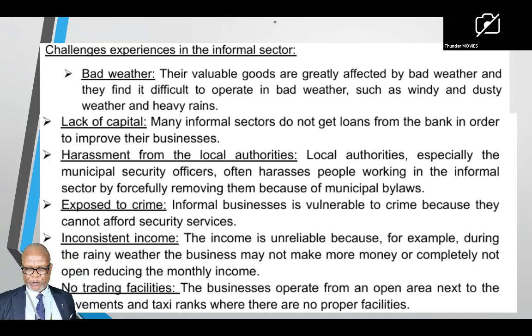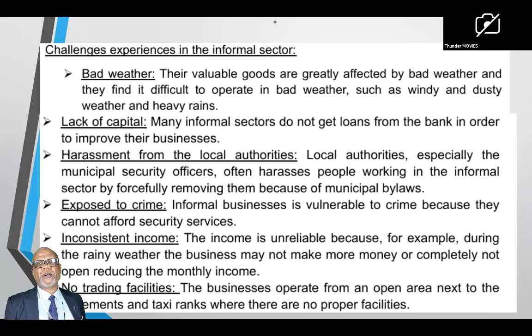How can we help informal traders? We can provide them with infrastructure to work in, and storage facilities. We can help them with skills and training. They can partner with the formal sector. We can regulate the sector, not register it. The word there is not register.